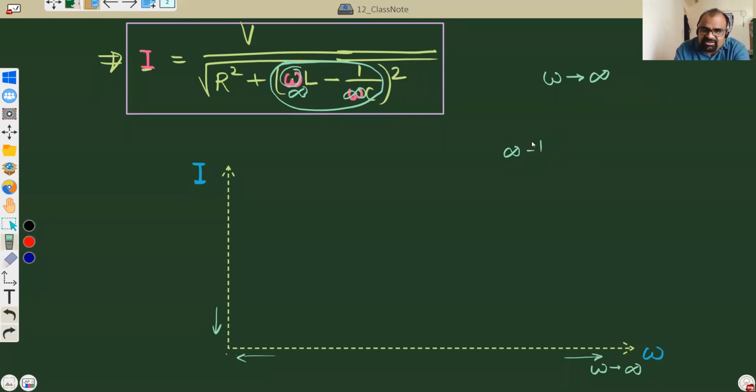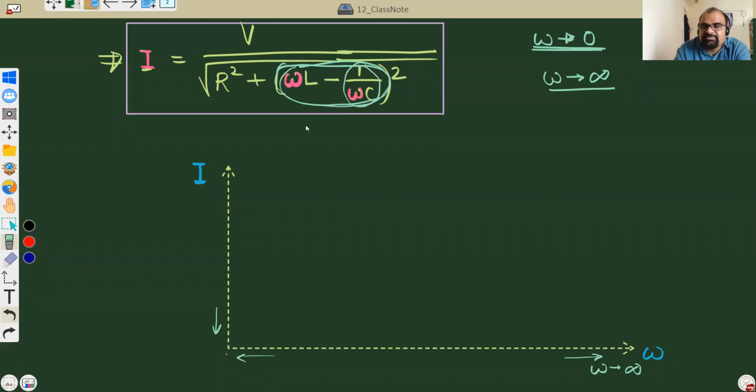This is very interesting and very simple also, not complicated. If omega is very large, again this part is infinity, or at least tending to infinity. In both cases: if omega tends to 0, then this part is infinity and this part is 0. 0 minus infinity is minus infinity, but then you are squaring it, so basically infinity.